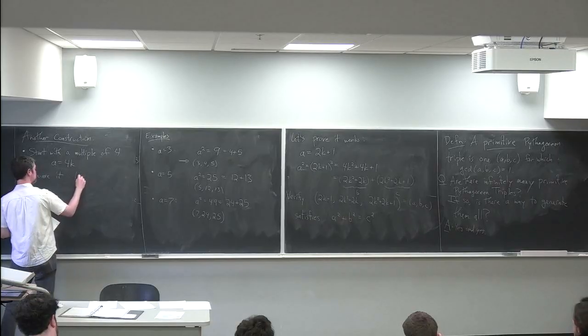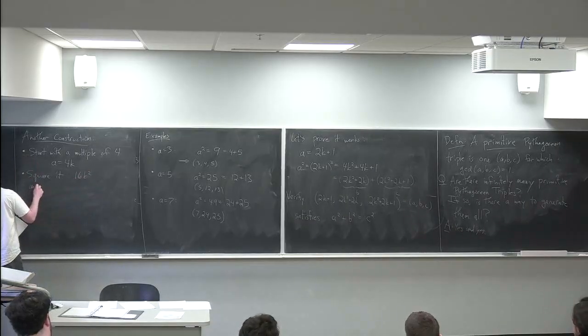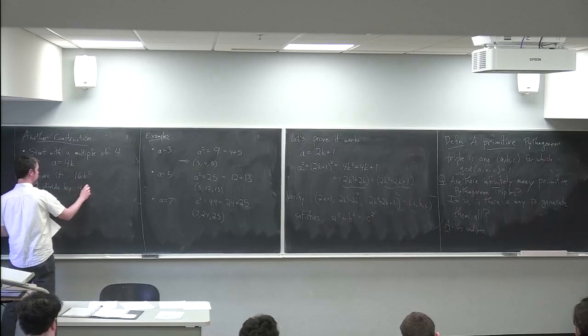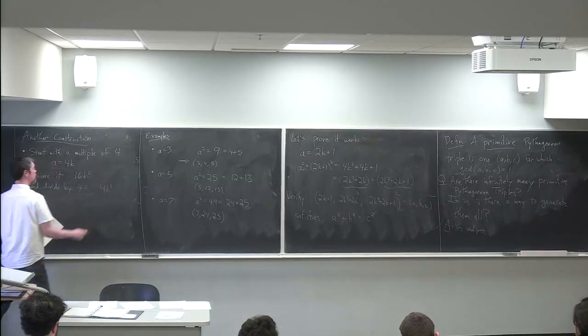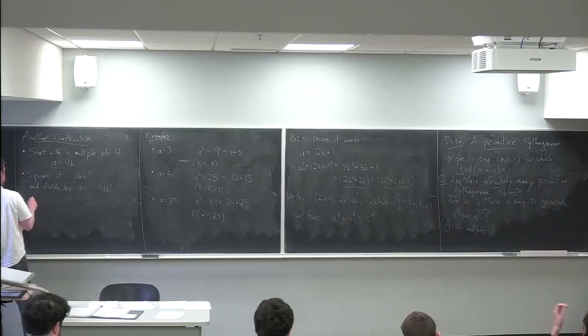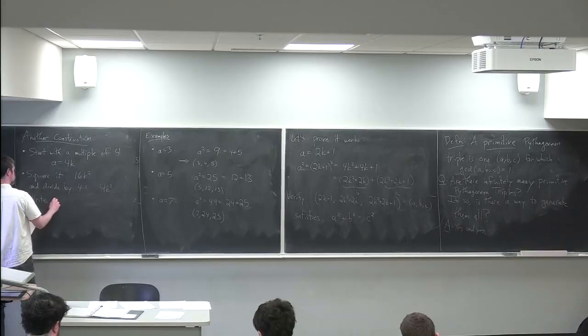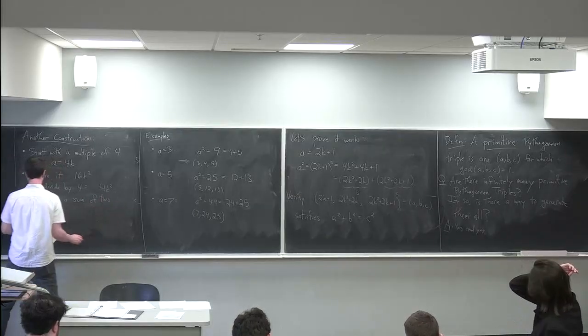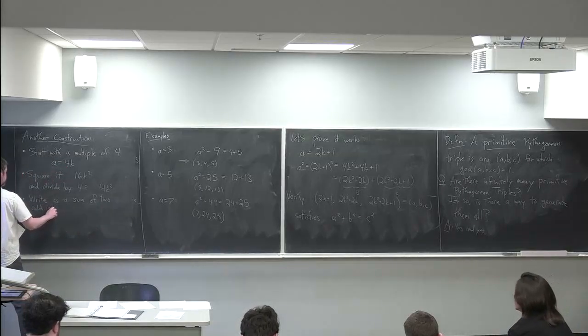So if you square it, you get 16k squared, and divided by 4, that would give you 4k squared. Then what you would do to this number, sort of similar to what we did before, is write it as a sum of two things, but now they'll be separated by 2. So we're going to write it as a sum of 2 odd integers that differ by 2.